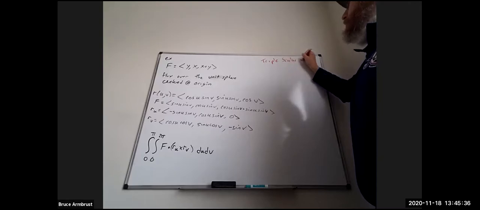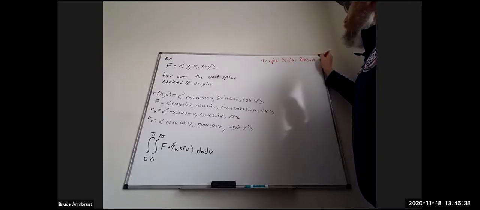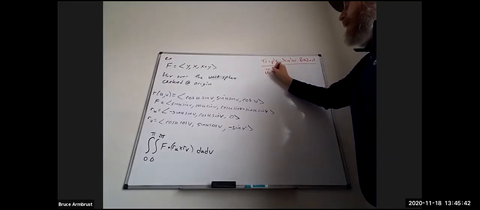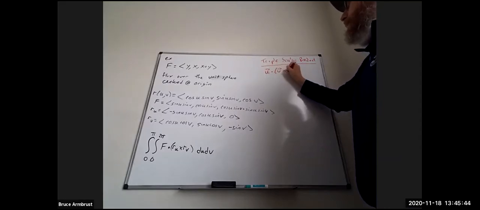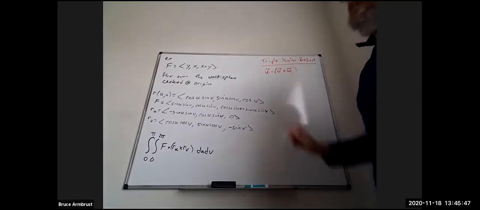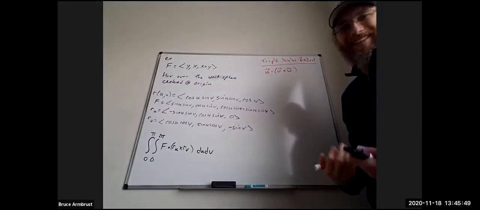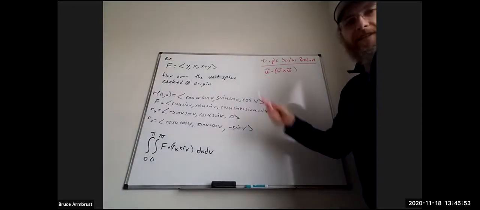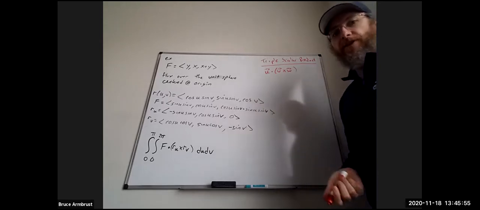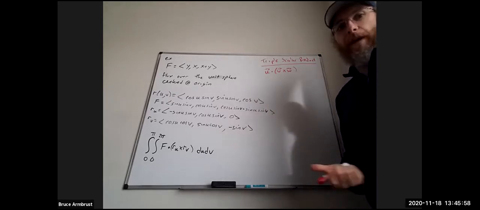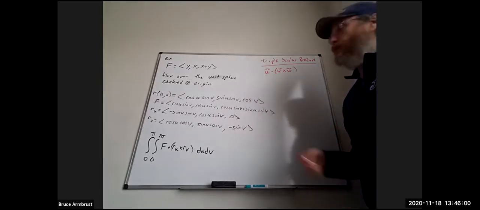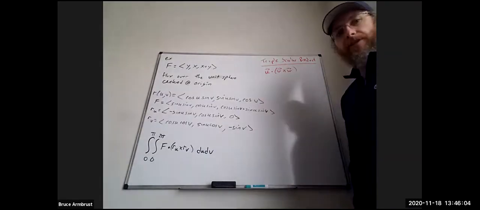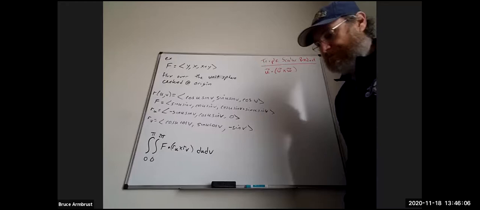So triple scalar product. This is when you have U dotted with V cross W. It's used for lots of different things. If these are just nice little vectors, it's actually going to find you the volume of the parallelepiped, the box, that's formed by these three vectors as the three edges, for example.